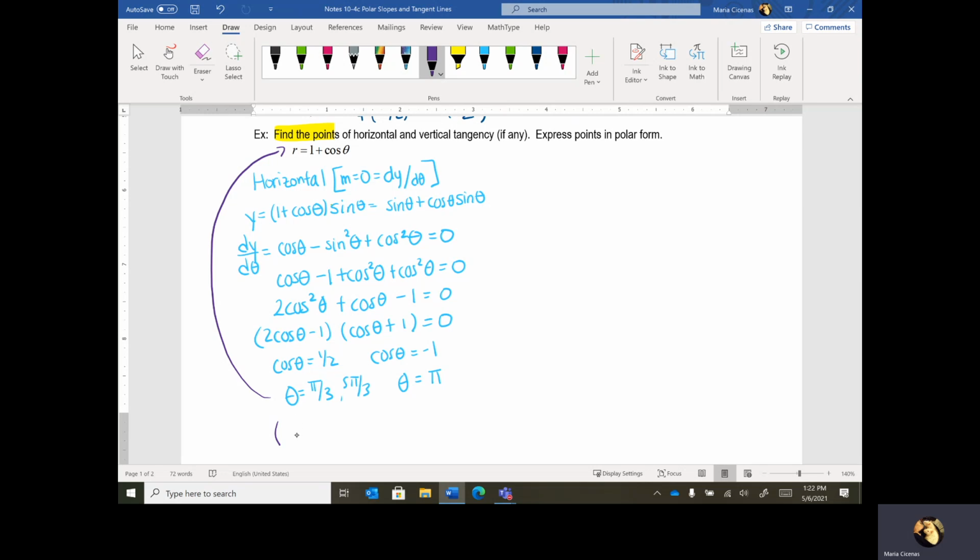We just kind of are doing this backwards. So that would be 1.5, pi over 3, as well as 1.5, 5 pi over 3. I know that cosine of pi is -1, so that will yield a 0, pi. So I have 3 points of horizontal tangency.